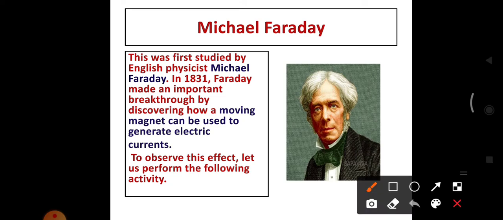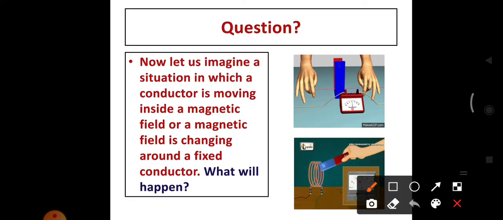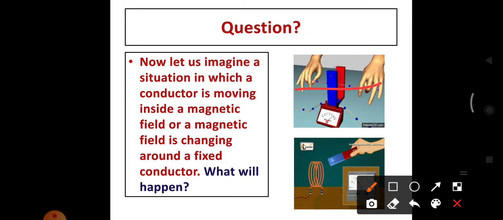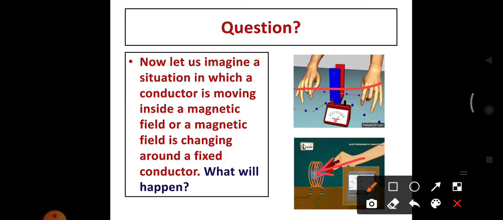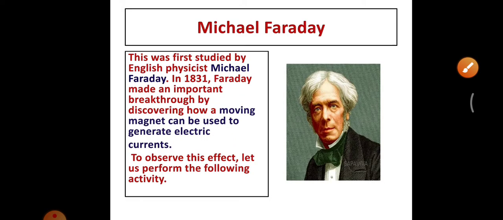This is a small history about Michael Faraday. This was first studied by English physicist Michael Faraday. So electromagnetic induction, that means a moving conductor in a magnetic field, or a magnet moving into the coil, was first studied by Michael Faraday.